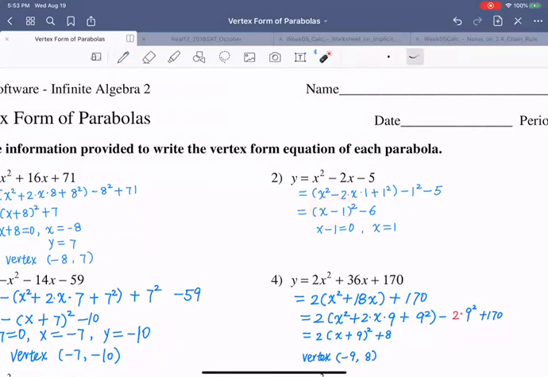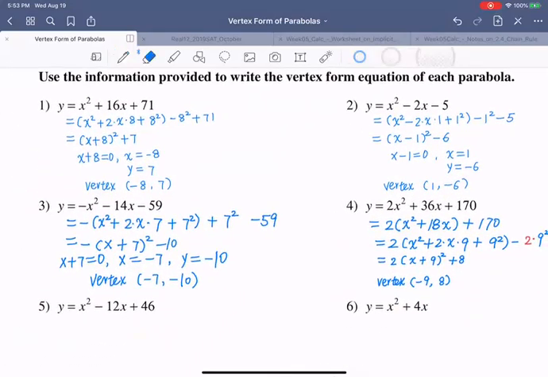Then your y equals how much? Negative 6. So your vertex is 1, comma, negative 6. So far makes sense?